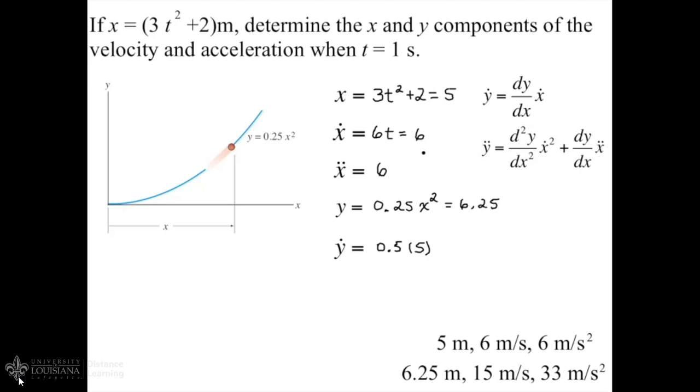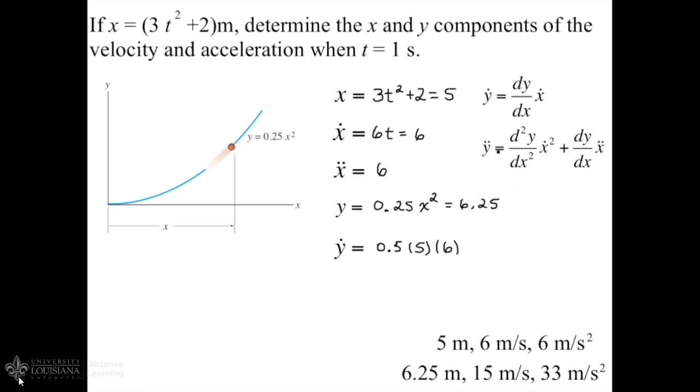X dot is 6, at the time t equals 1 second, of course. Running through the calculation here, we get our result of 15 meters per second. So we have the particle moving at 6 meters per second this way and 15 meters per second this way. When we find the resultant velocity, it will be tangent to the path at the time t equaling 1 second.